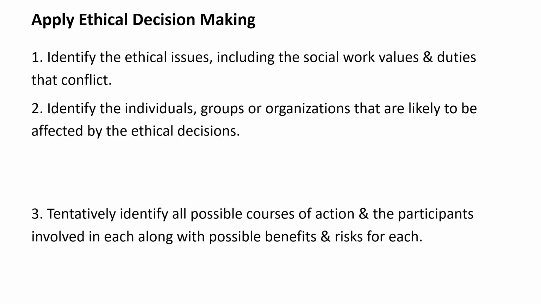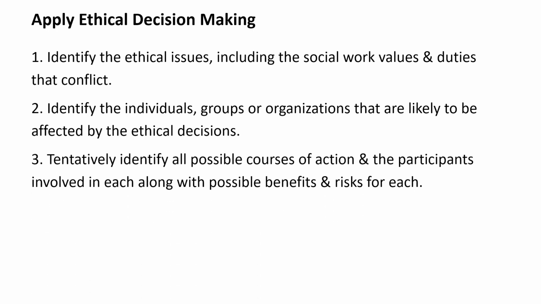Three is to tentatively identify all of the possible courses of action and the participants involved in each, along with the possible benefits and risks for each one. And again, this is where a comprehensive look at the situation, certainly for the one that we just looked at, matters. There are so many different courses of action that could occur, and benefits and risks for each one of these.